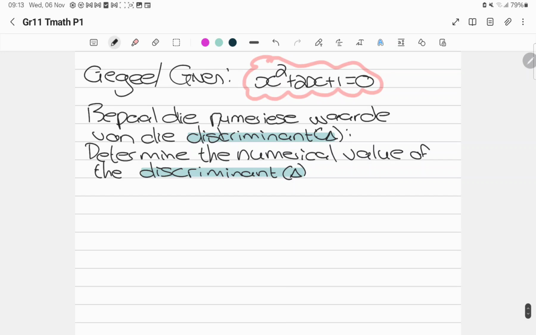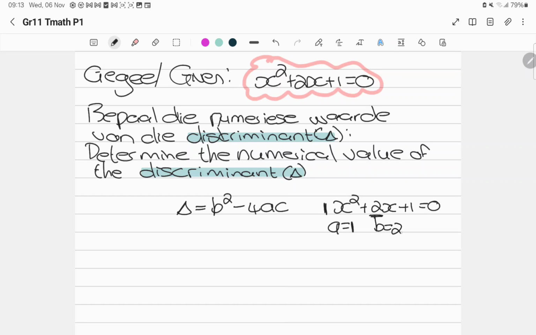So I start by writing down my formula: triangle equals b squared minus 4ac. From this, I must determine what my a, b and c are. My a value is going to be that imaginary 1, my b is going to be 2, and my c is going to be 1.